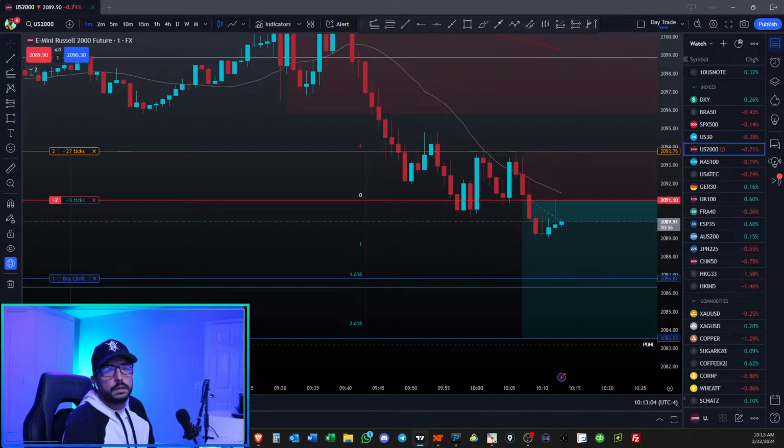Meanwhile, the mini index looks like it got a little entry here. So two on the mini index as well.